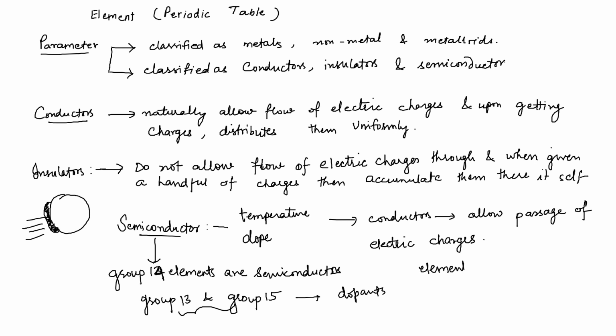Elements from group 14 which behave as semiconductors are silicon and germanium.